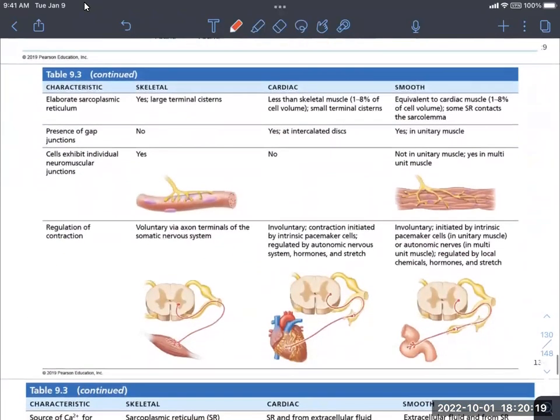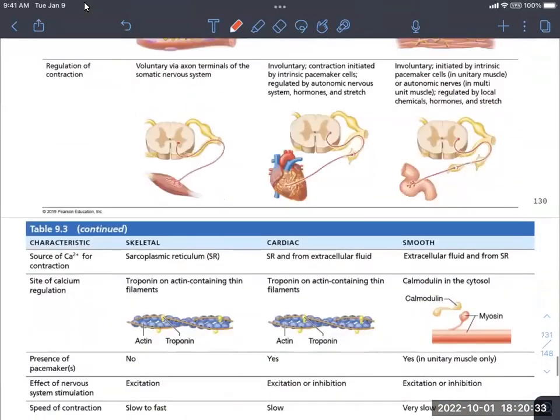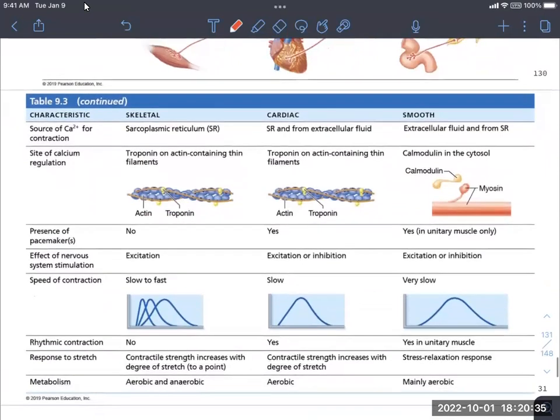Here is how they communicate with the nervous system, how they communicate with each other. Where does calcium attach? What kinds of contractions do they create?